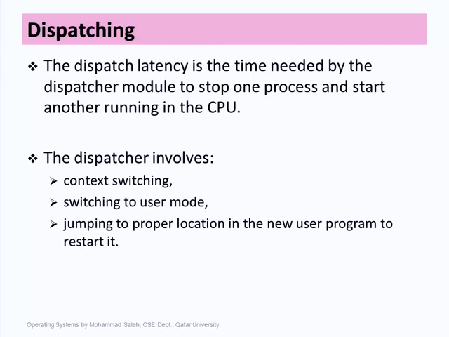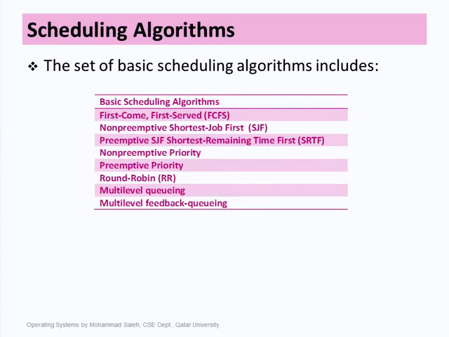These three things done by the dispatcher need time, and that time is an overhead, a waste. The CPU is not doing anything useful during this time. That's why we call it the dispatch latency. Dispatch latency is the time needed by the dispatcher to perform its work, which involves these three things.